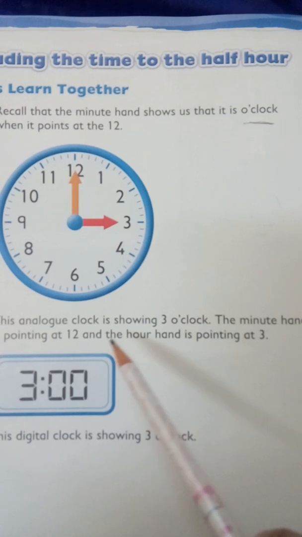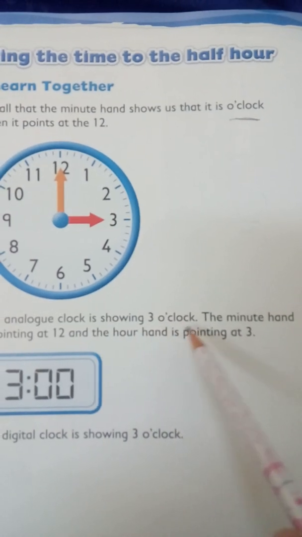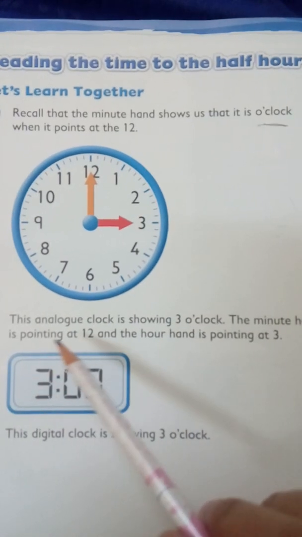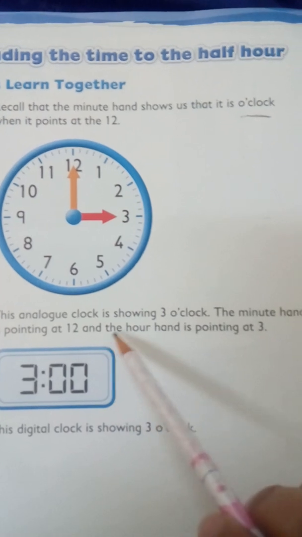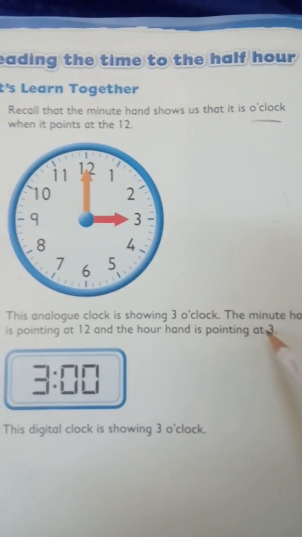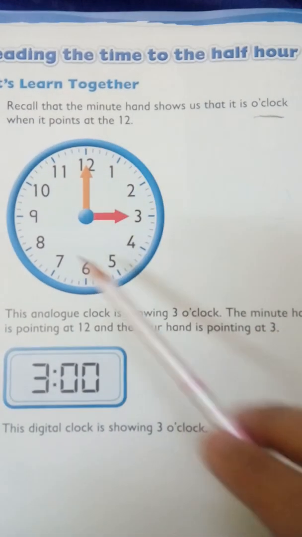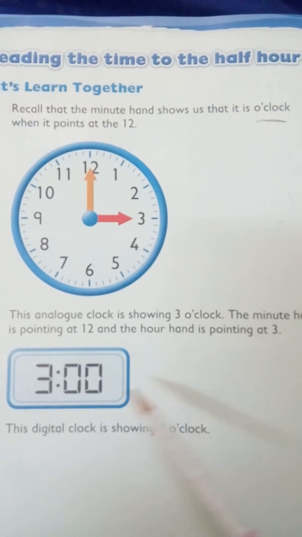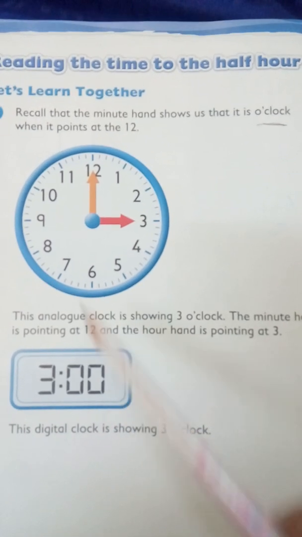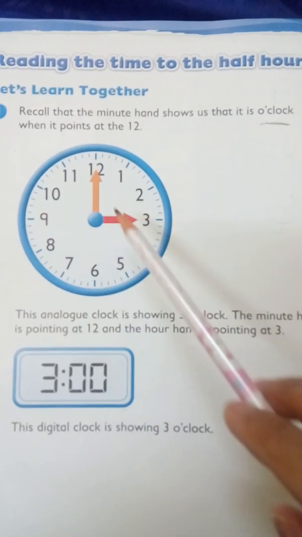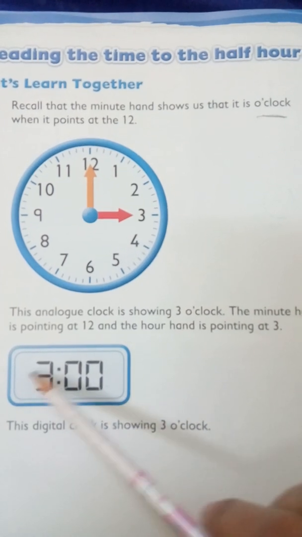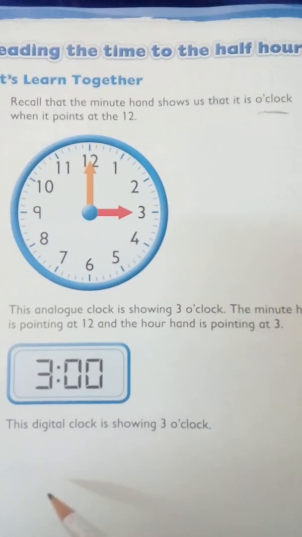This analog clock is showing 3 o'clock. The minute hand is pointing at 12 and the hour hand is pointing at 3. We call this an analog clock. Now we have the digital clock. We have one like this, we call it analog, and if we have only numbers, it is digital.